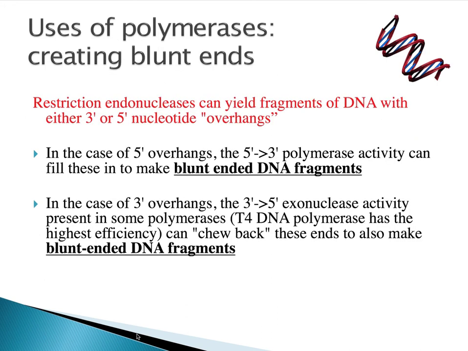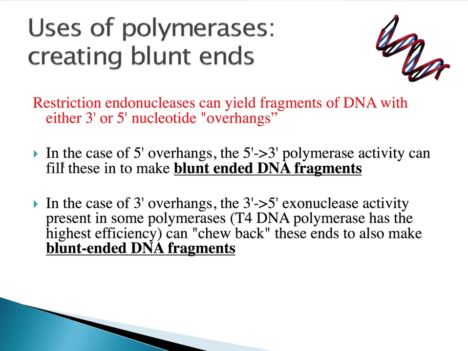All right, so let's go back to polymerases. How to create a blunt end? A lot of times we need to have our DNA blunted at the end for the next reaction. Remember, those restriction endonucleases can yield fragments with either 3' or 5' nucleotide overhangs.